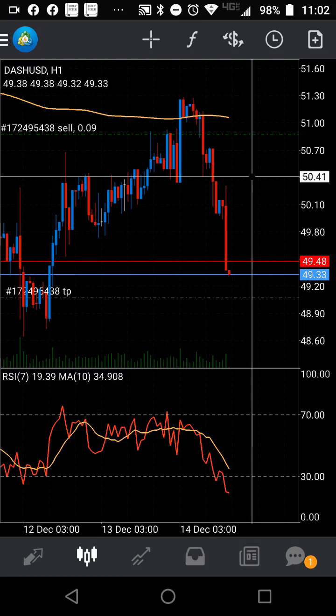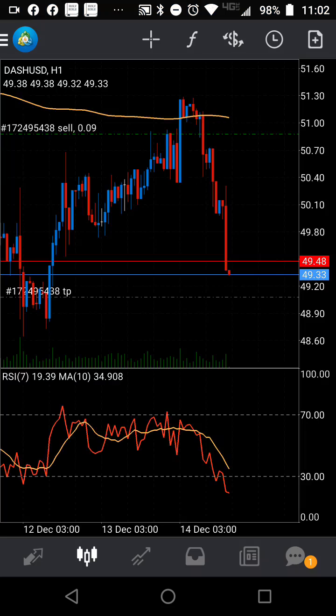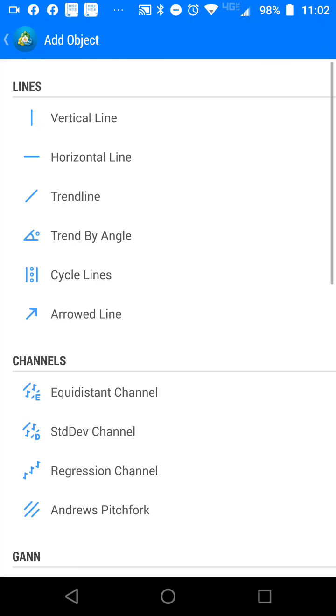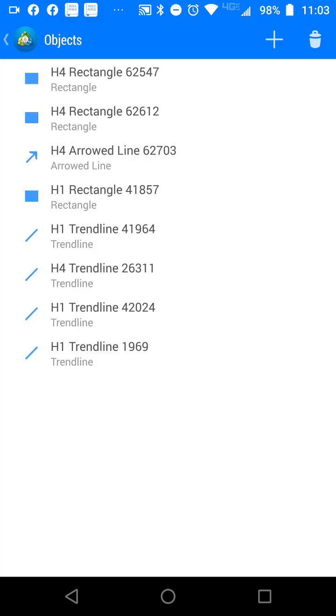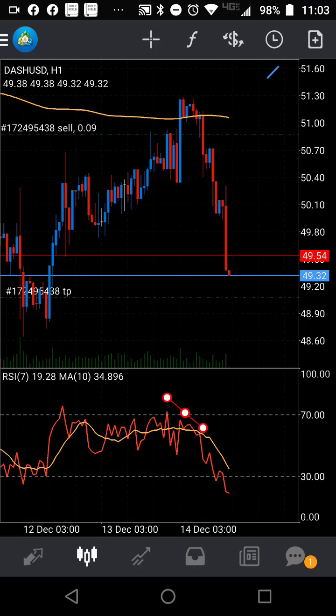So these two little points, let me see if I can get you a trend line. We go from here to here. That was falling. Let's get you another trend line. From here to here, that was going up.